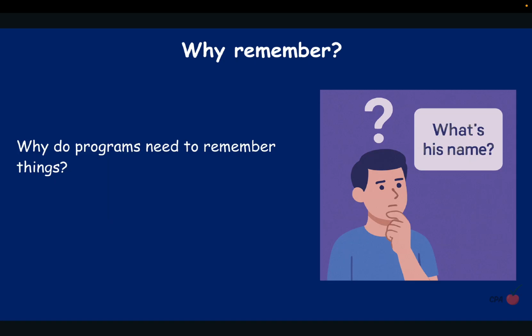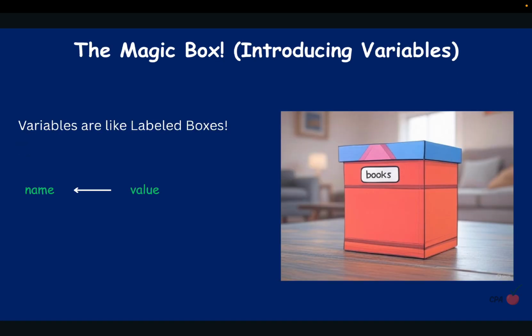If we ask a user for their name, how does the computer hold onto that name so it can use it later? Maybe to say hello and then the name. So it needs a place to store that information. Well, in programming, we have special memory spots called variables.